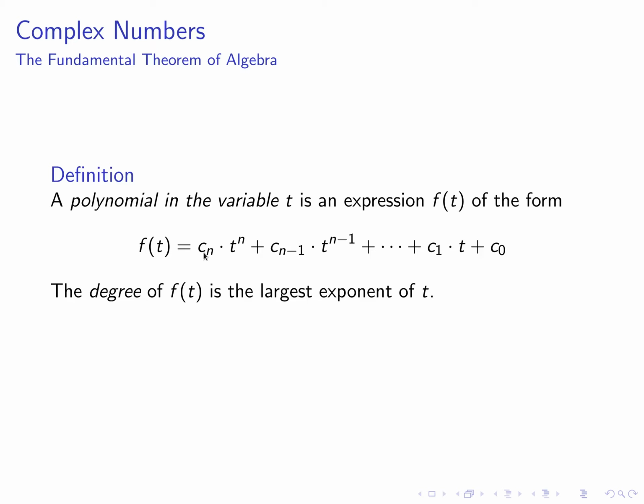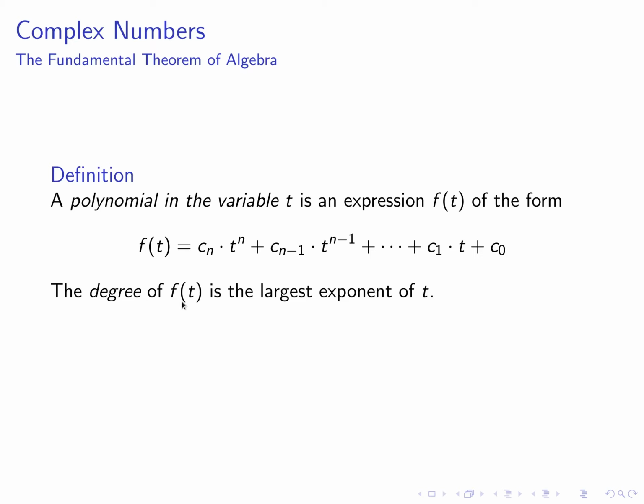We take a scalar c sub n and multiply by the variable t raised to the n. Then we take another scalar c sub n minus 1 and multiply by t raised to the n minus 1. And we keep adding terms that look like this until we get to a scalar c sub 1 multiplied by t to the 1, and then we add a constant c sub 0.